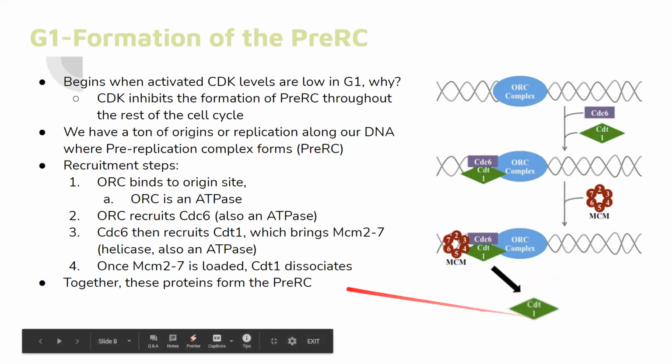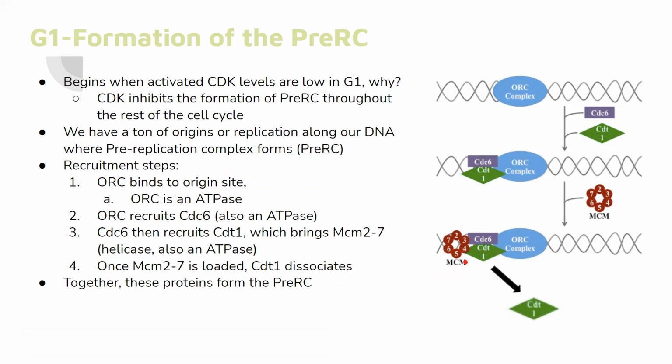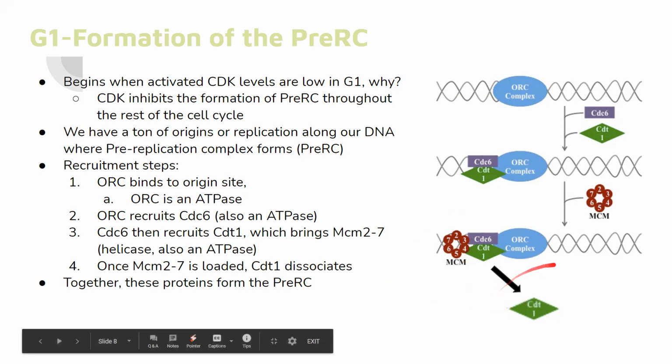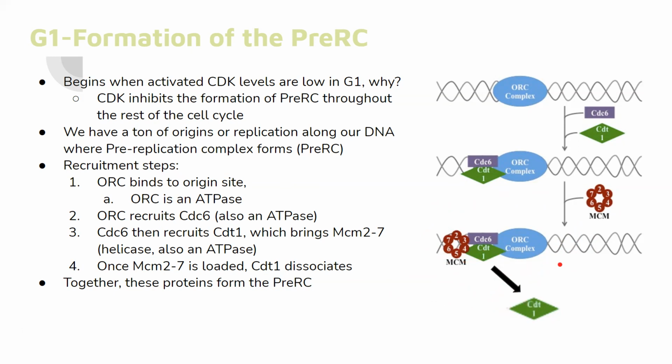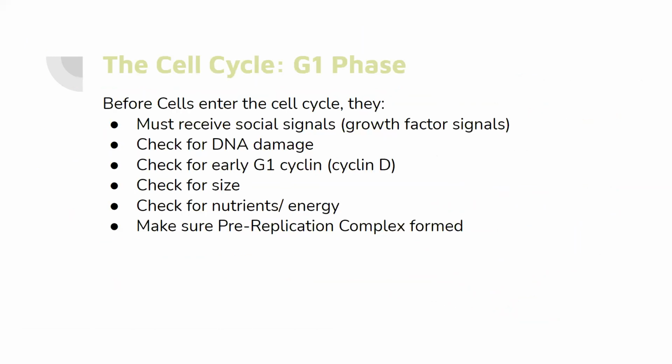But one thing to keep in mind is once CDT1 recruits MCM, it dissociates. So these proteins all together on the DNA form the pre-RC, or the pre-replication complex.